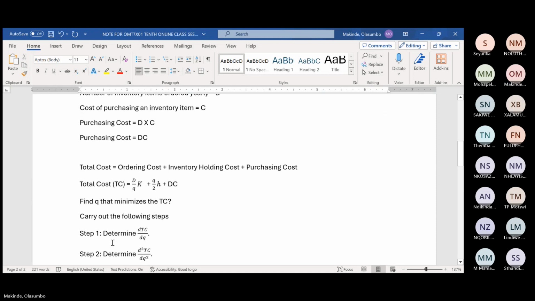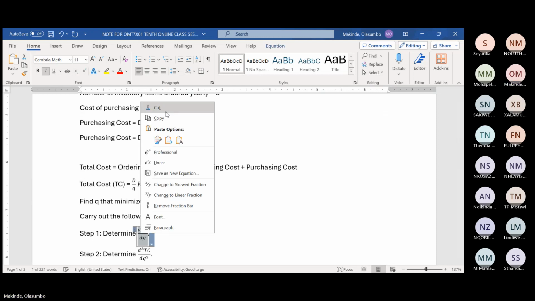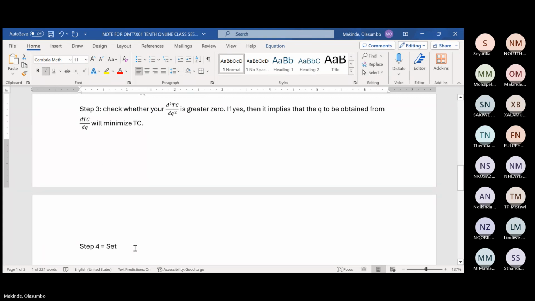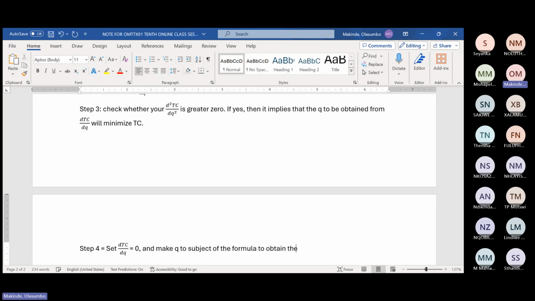So the last step, if that rule is obeyed, now you can set the TC dq to be equal to 0, and make Q the subject of the formula, obtain the value of Q, which becomes the economic order quantity formula.